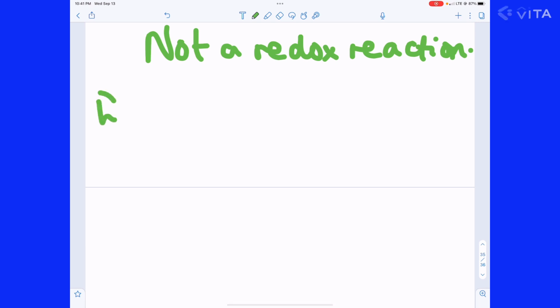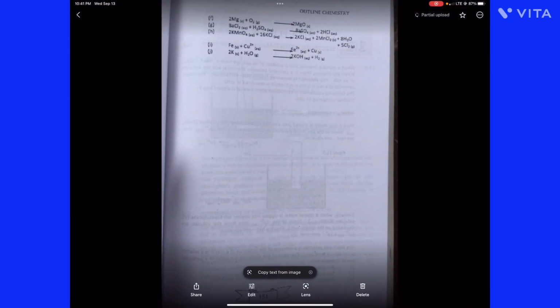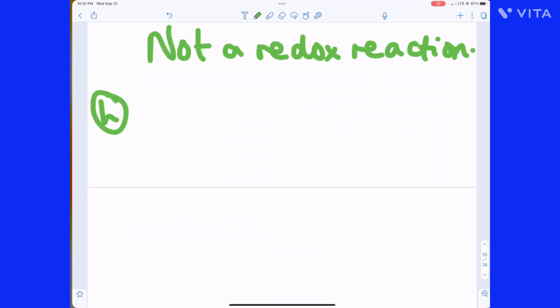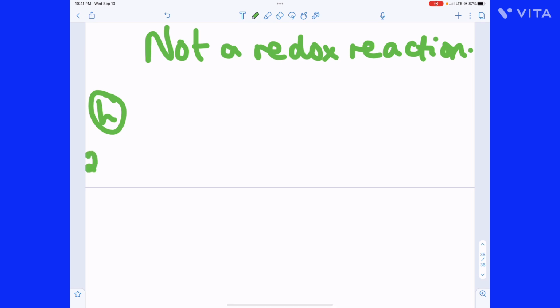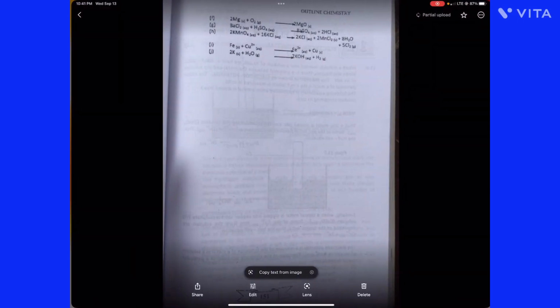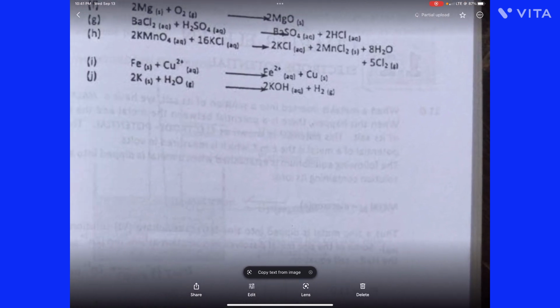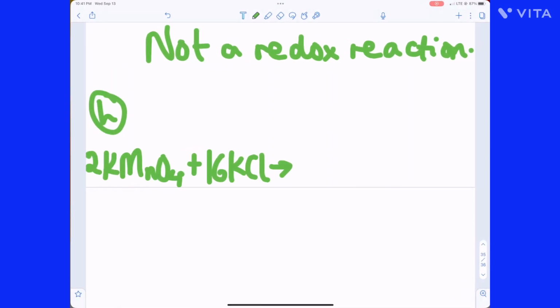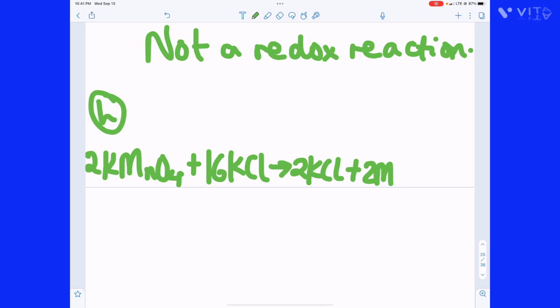Now, question H. 2KMnO4 plus 16 HCl to give 2KCl plus 2MnCl2 plus 8H2O.